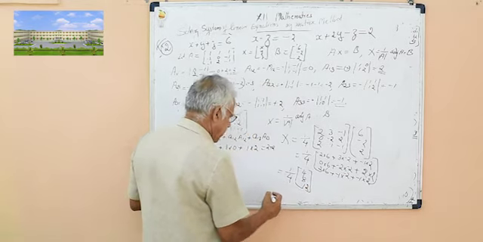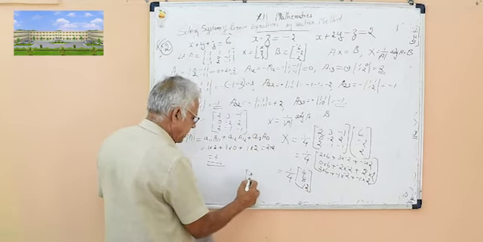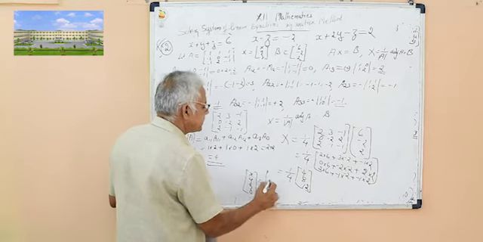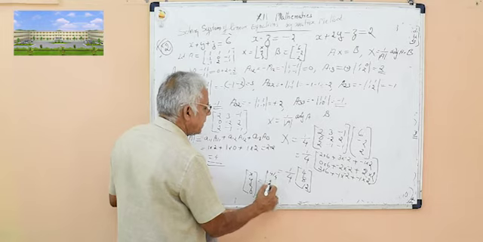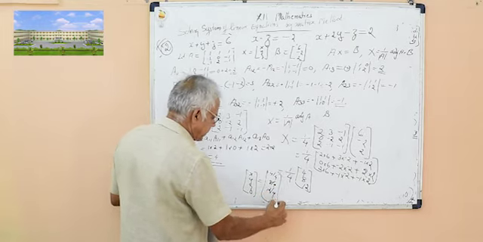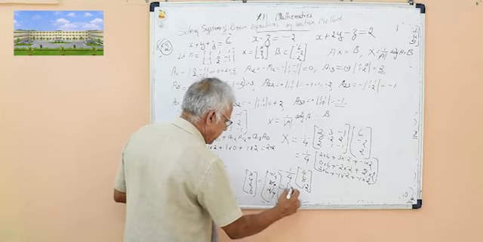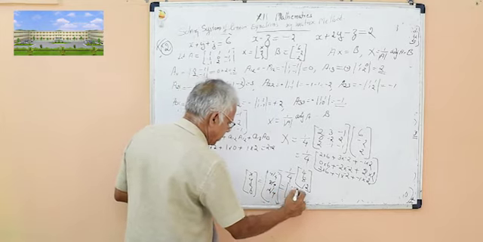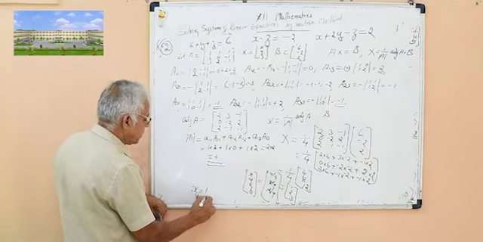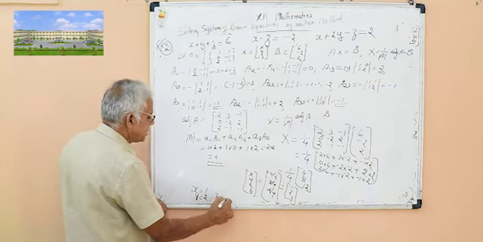Then x, y, z is equal to 4 by 4, 8 by 4, 12 by 4. The answer is 1, 2, 3. Therefore x is equal to 1, y is equal to 2, z is equal to 3.